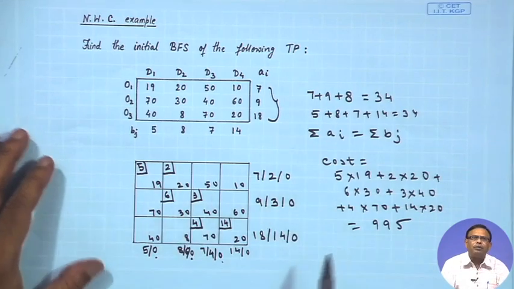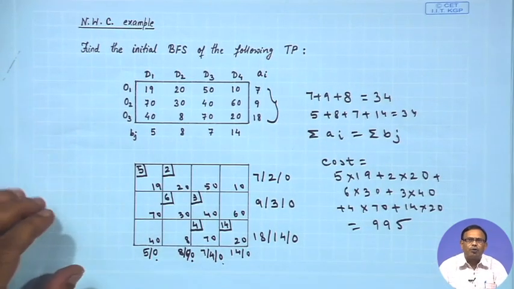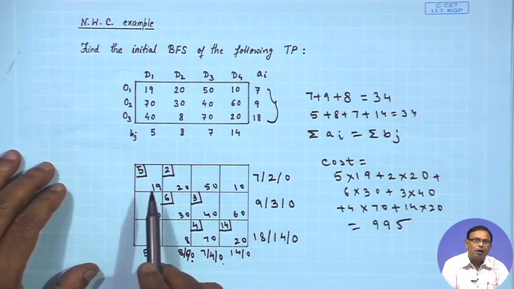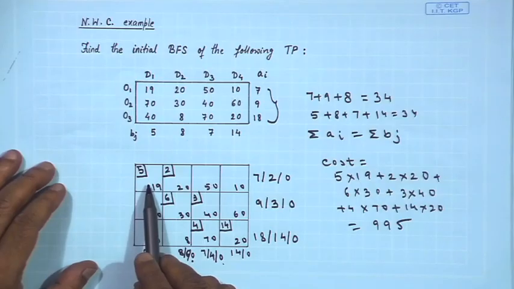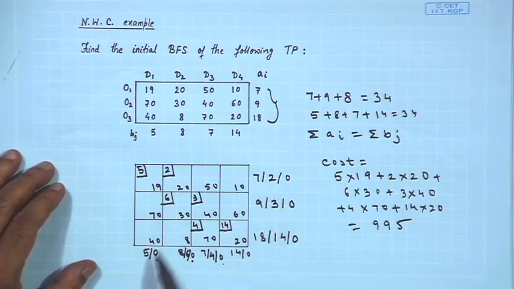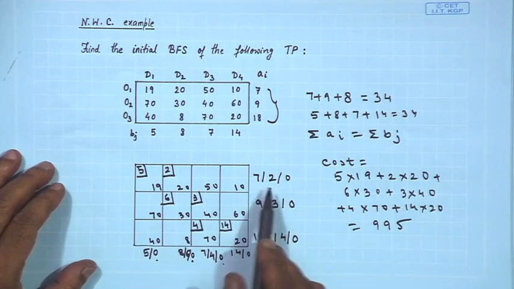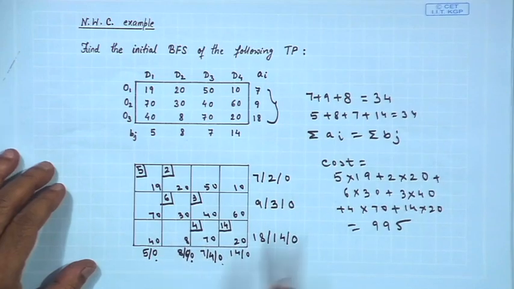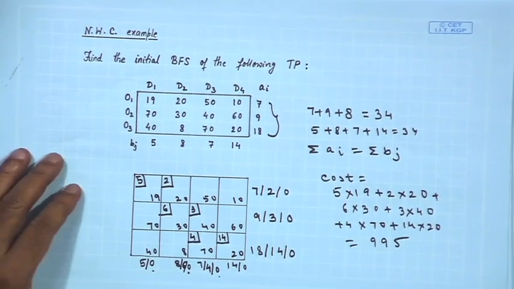The same problem we will try to solve in some other way. So, basically you are starting from the leftmost cell, and from the leftmost cell you are allocating depending upon which one is the minimum of A_i, B_j, and you go on doing this process. So, this process is simpler.